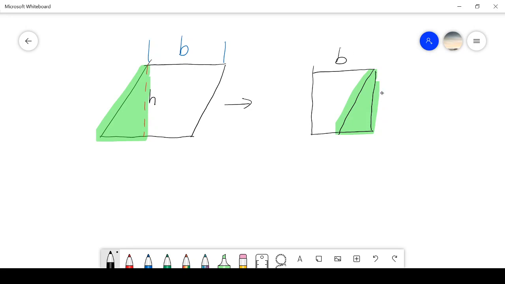Breadth and height. So once again, the area for a rhombus is equal to breadth times height.